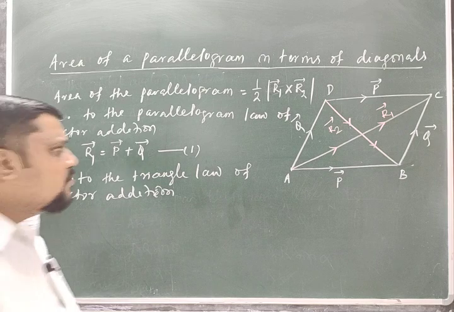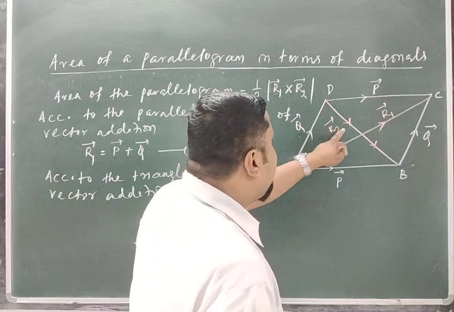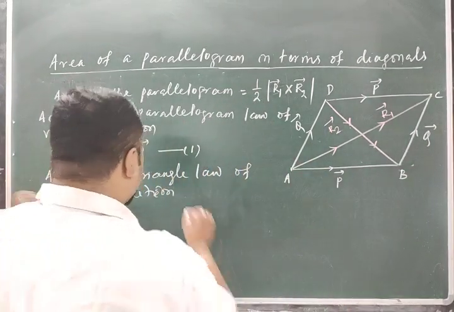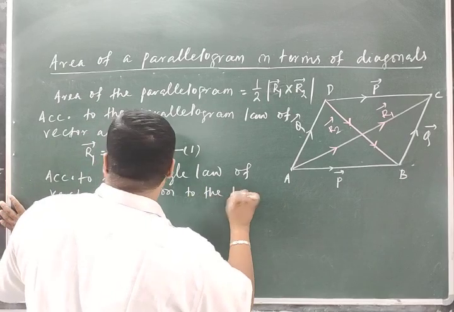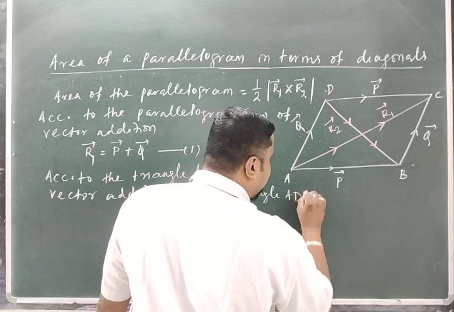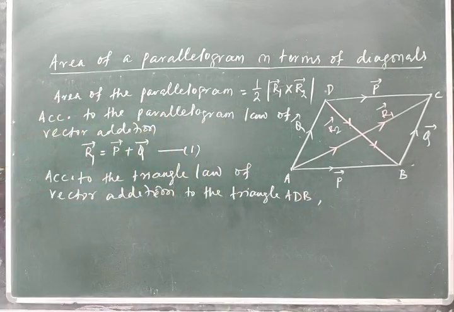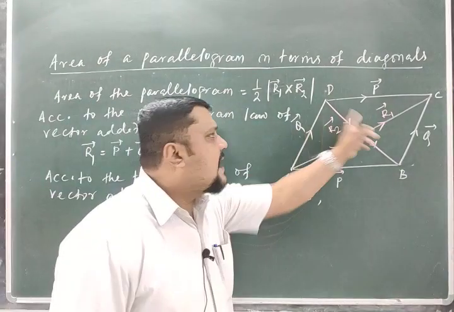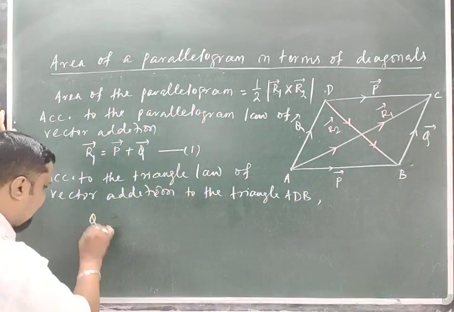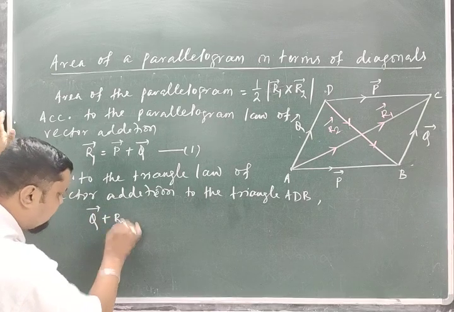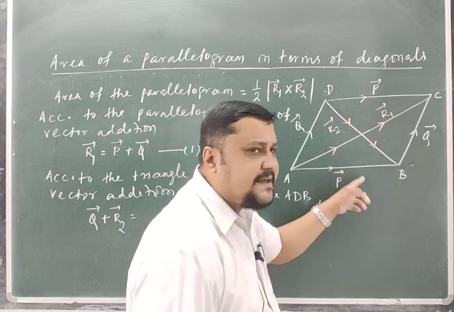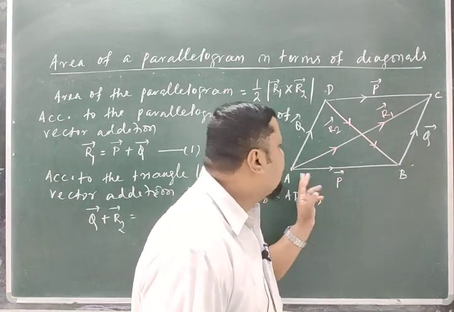Here Q and R2 are in the same order in ADB. Then Q plus R2 is equal to the other side of the triangle, P, which is AB in opposite order.